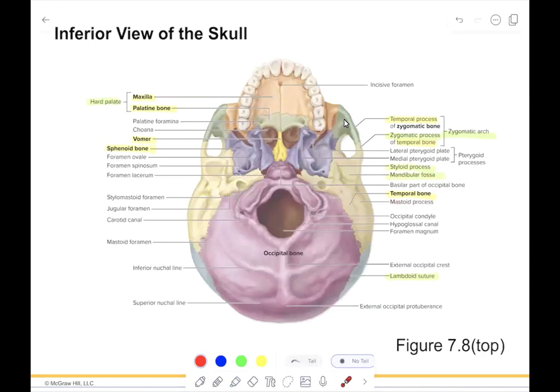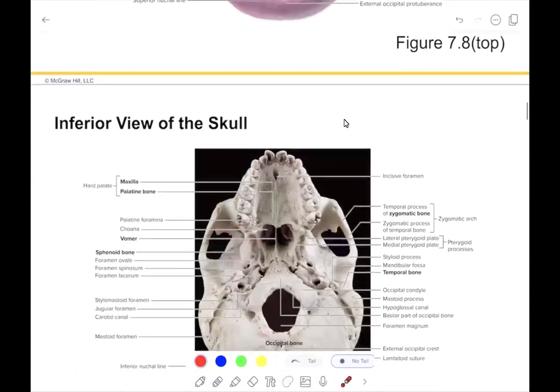The mastoid process here, we can see, as well as the foramen magnum. As you know, a foramen is a hole for a blood vessel or nerve, and in particular, this is the largest foramen that we have, or one of the largest foramens, and it's for the spinal cord.